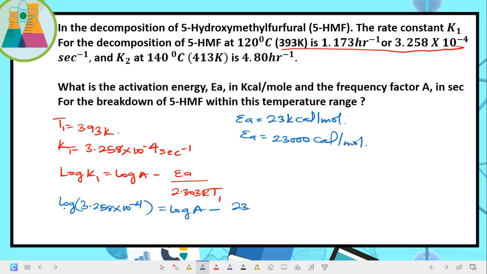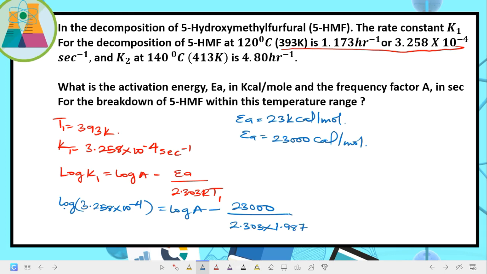So this becomes 23,000 calories per mole divided by 2.303. Then we'll have R is a constant, which is 1.987 for kilocalories.